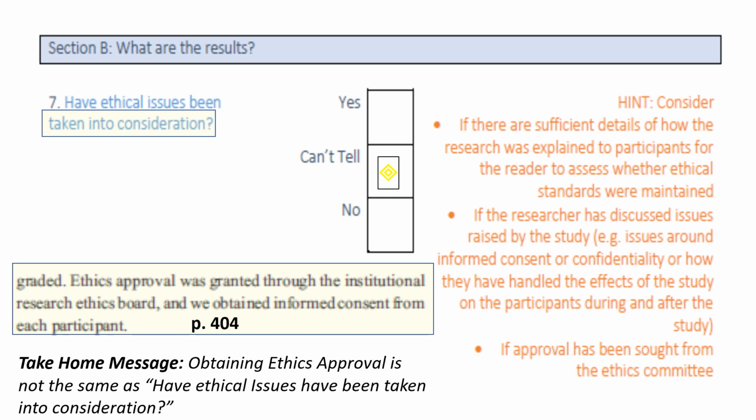The study certainly gained ethics approval and used informed consent. But we have to be careful. Many people assess this question on a CASP checklist by simply looking for the presence of ethics approval, and that's not the same as saying have the authors thought of the ethical issues.